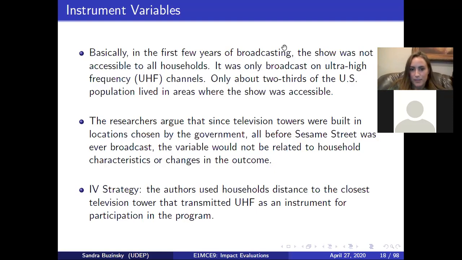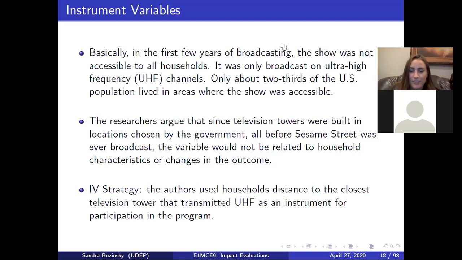Okay, and then Nikos also says urban versus rural, right? So there's probably going to be more towers in urban areas compared to rural. If we're looking at the whole country, then we're comparing households in urban areas to households in rural areas, and those might differ in characteristics, like whatever parents prioritize more for their children, or whether there are better resources in a city than in a rural area.